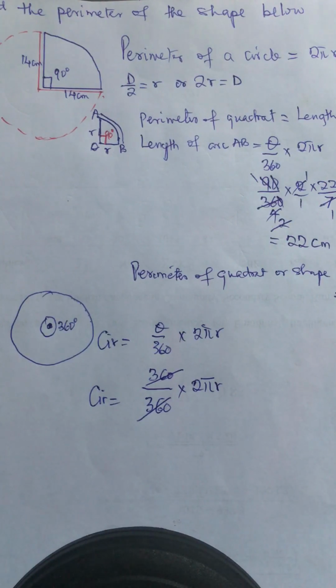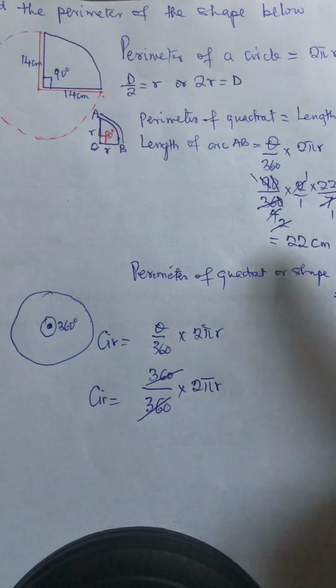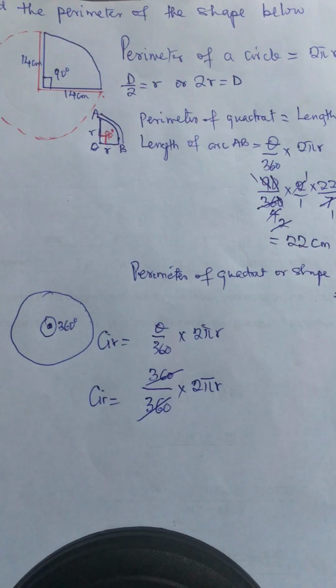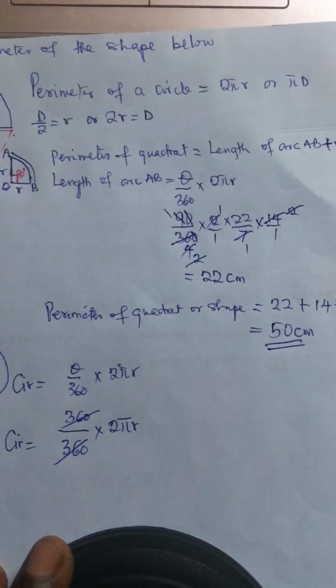But if you are finding the arc of any portion of a circle, listen to my statement: if you are looking for the arc of any portion of a circle, then theta cannot be equal to 360. Then you must use the formula theta over 360 times 2 pi r. I guess you got it here.